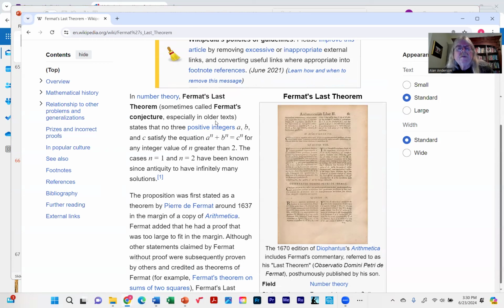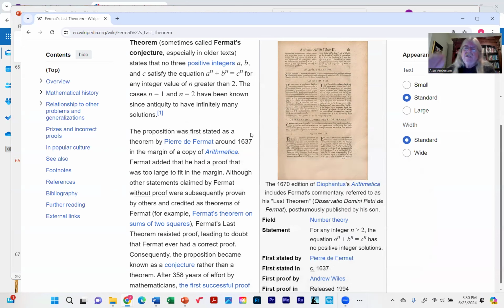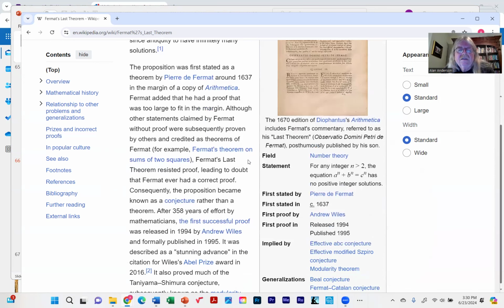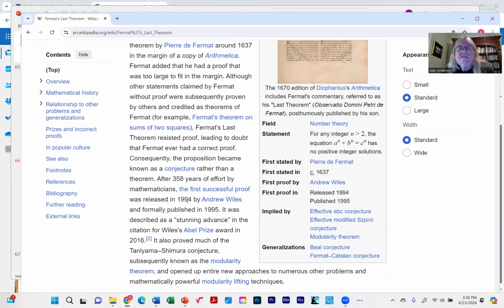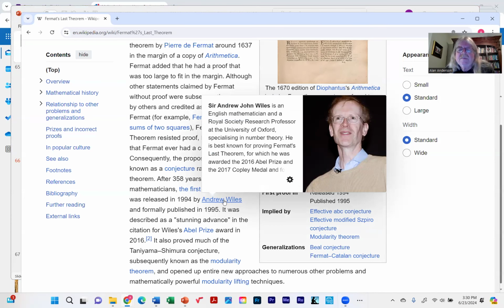In his book, Arithmetica, an ancient Greek text, in 1637 he wrote that he had found this wonderful proof, and he never wrote it down anywhere else. It took until 1994 for a British mathematician to find a proof.